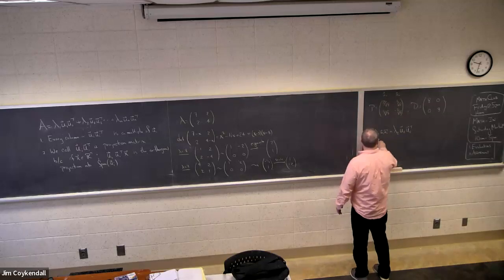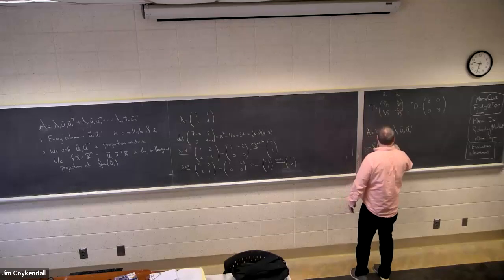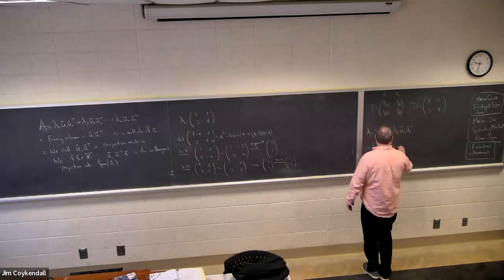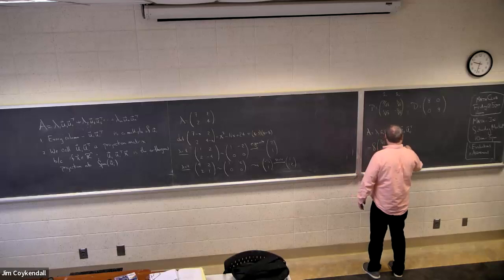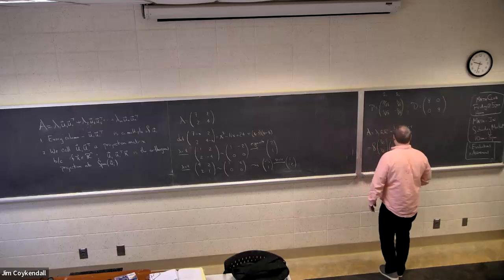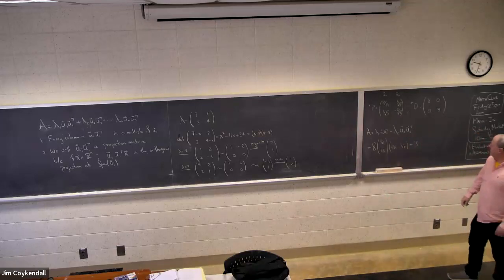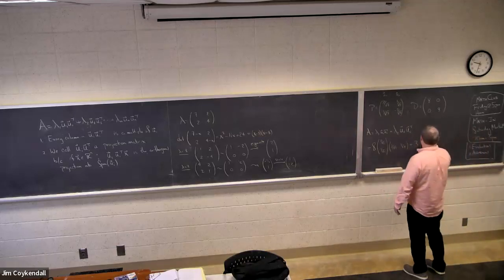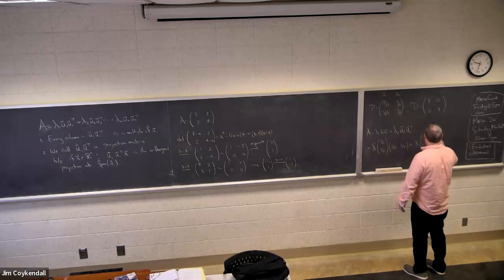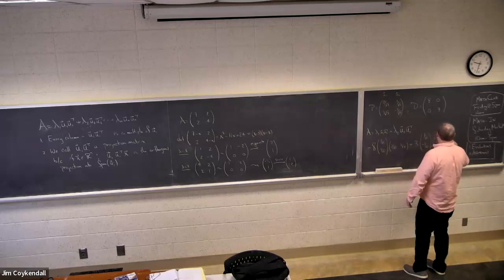This should be 2 over radical 5, 1 over radical 5, and you transpose it, 2 over radical 5, 1 over radical 5. The second eigenvalue is 3, and U2, 1 over radical 5, minus 2 over radical 5, times its transpose, 1 over radical 5, minus 2 over radical 5.